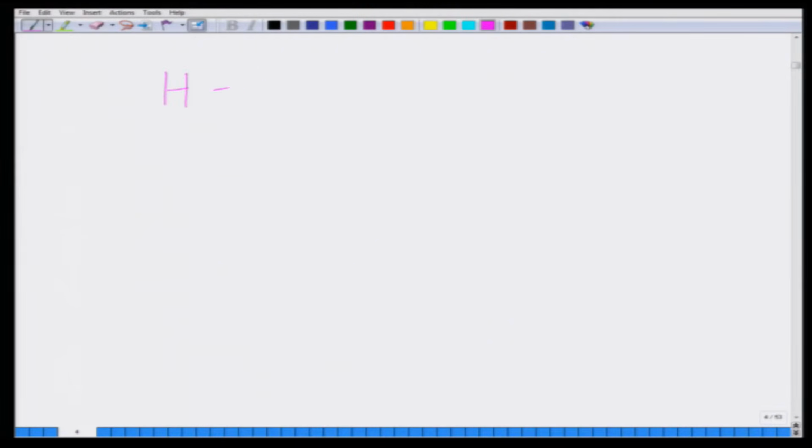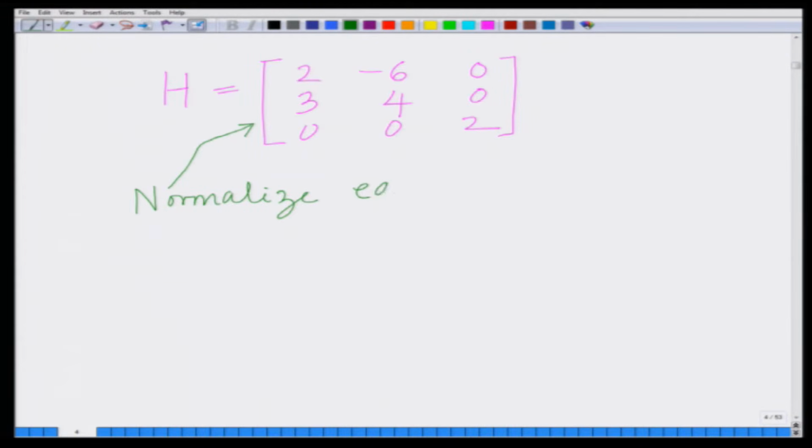So, the SVD can be found as follows. Let us go back to our channel matrix, which is 2 minus 6 0 3 4 0 0 0 2. Now, you can see I can normalize each column, that is I can make each column unit norm.